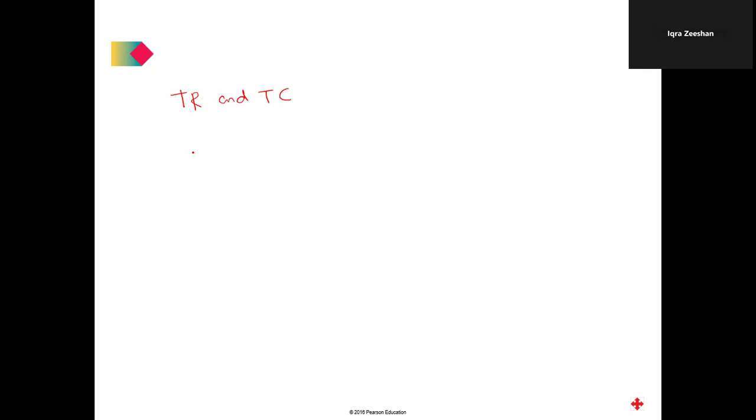This is the goal. So now we are going to make the total revenue curve, and we know from the previous video that the total revenue curve starts from the origin and it is an upward sloping, straight line.